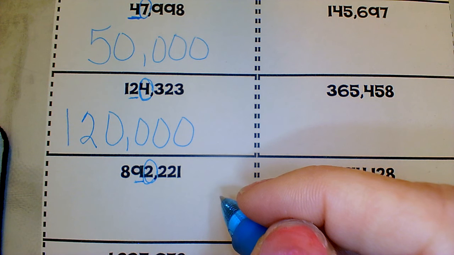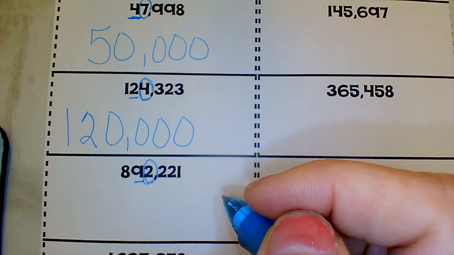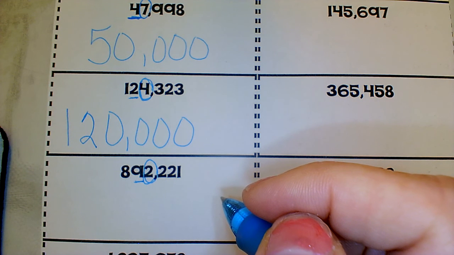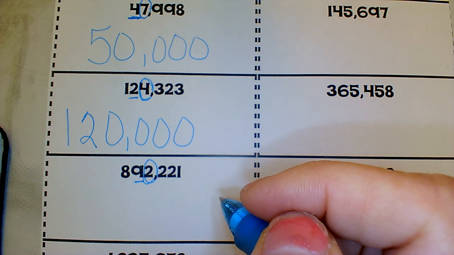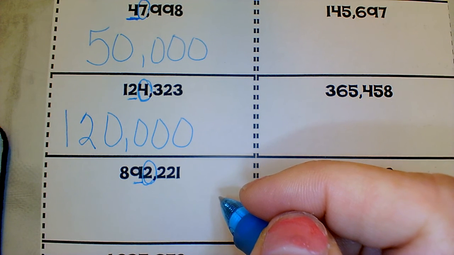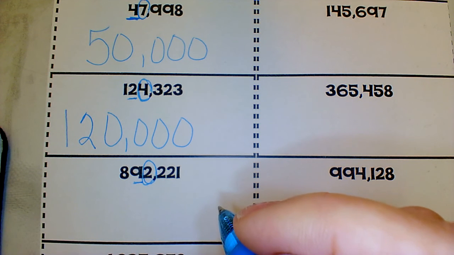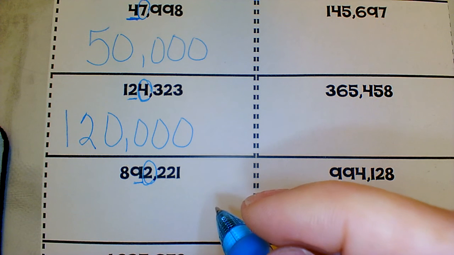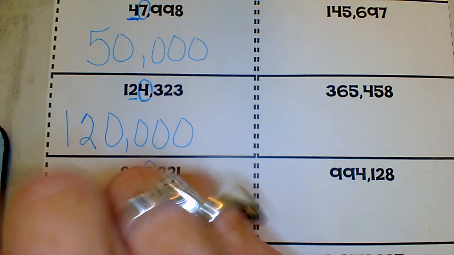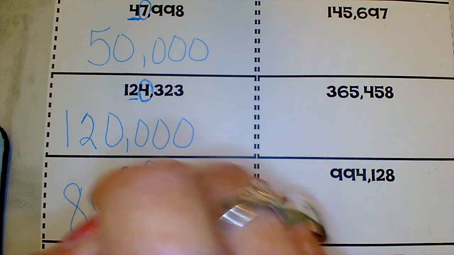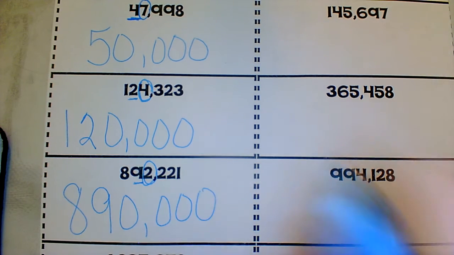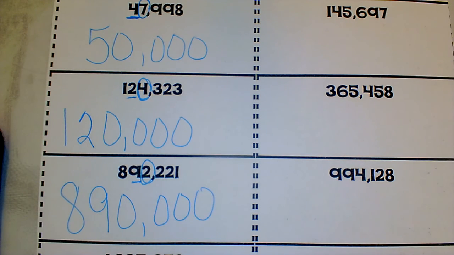We're just going to leave it in. William, what are we going to do? Okay, never mind. Blaine? You're going to keep the 8 and the 9. Thank you. And everything else turns into 0. 890,000. Correct. Okay, y'all do the next one on your own.